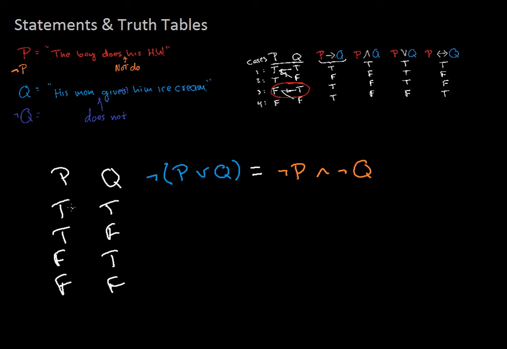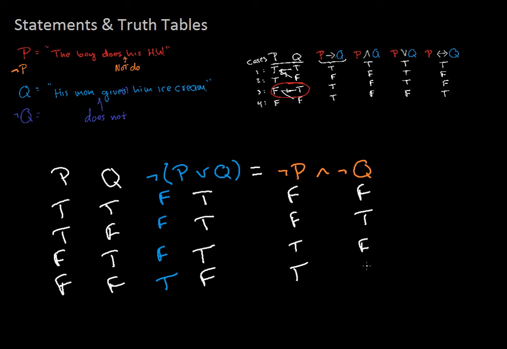And P or Q is true, true or false, that's true, false or true, that's true, false or false, that's false. Not (P or Q) is false, false, false, true. Now, not P is false, false, true, true. Not Q is false, true, false, true.